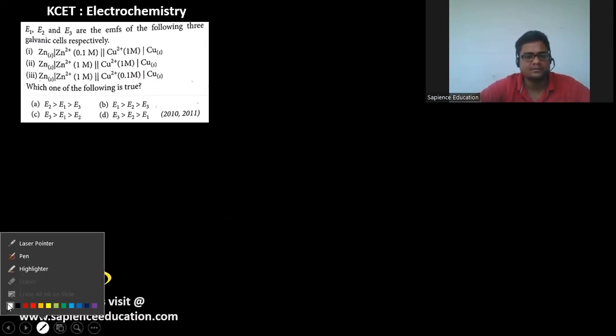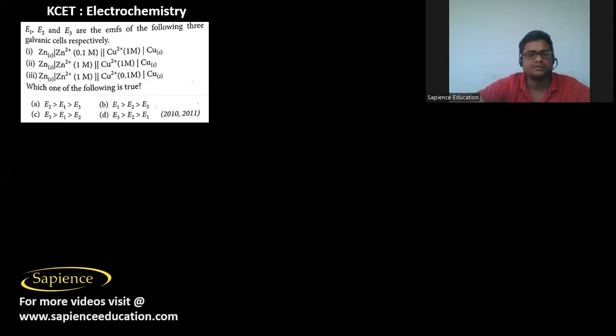Then here it is told E1, E2, E3 are the EMFs of the following 3 galvanic cells respectively, and which one of the following is true? Zn goes to Zn2 plus and Cu2 plus goes to Cu.